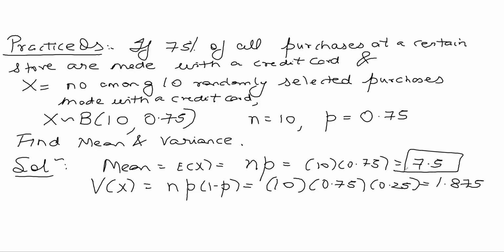Or I can say the number of successes will be around 7.5. If I conduct this experiment multiple times, then the average number of successes will be close to 7.5.